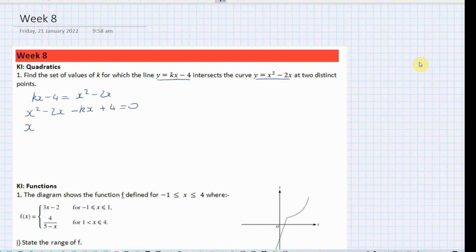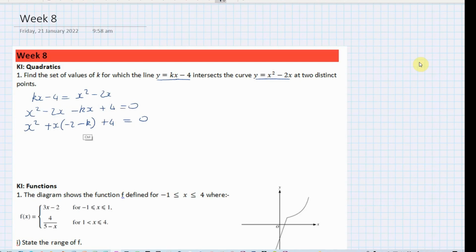Another way of writing this is plus x, and I could factorize that x out like this. So I've just factorized the x out of these two here.